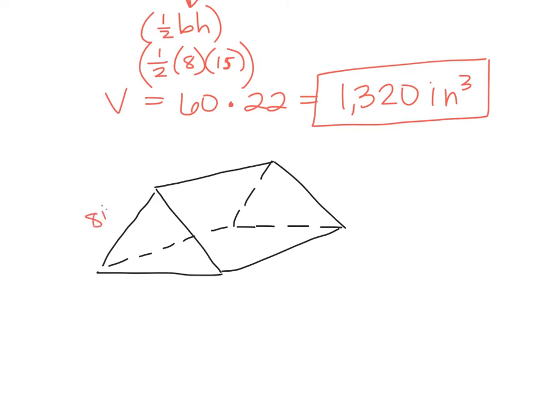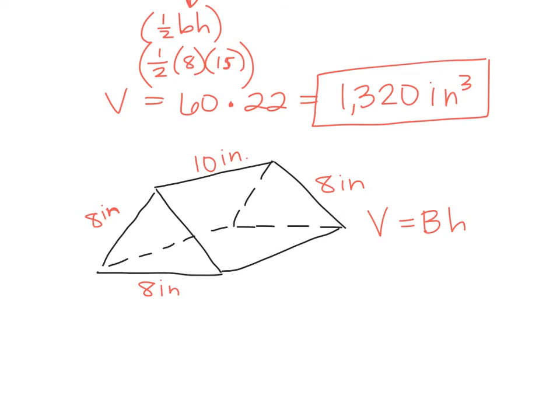Let's say this is 8 inches, 8 inches, 8 inches, and 10 inches. All right, so for this one, we know the formula is area of the base times the height.